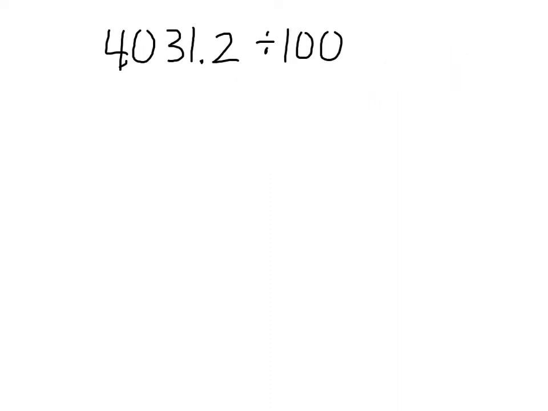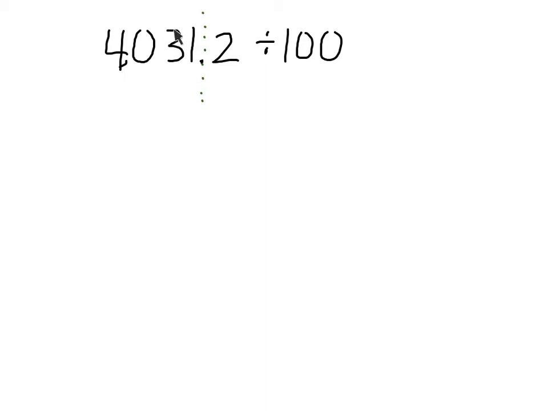Again, 10 tells me that every one of these digits needs to go one place to the right. Here's our next problem, 4,031 and 2/10 divided by 100. And I don't know if you can, in your mind, visualize there's your decimal place and my tenths place and ones and tens and hundreds and thousands. And if I'm making it 100 times smaller, they all have to shift 2 places to the right. And so with my decimal point staying exactly where it is, if these digits go over 2 places to the right, that 1 is going to end up over here.